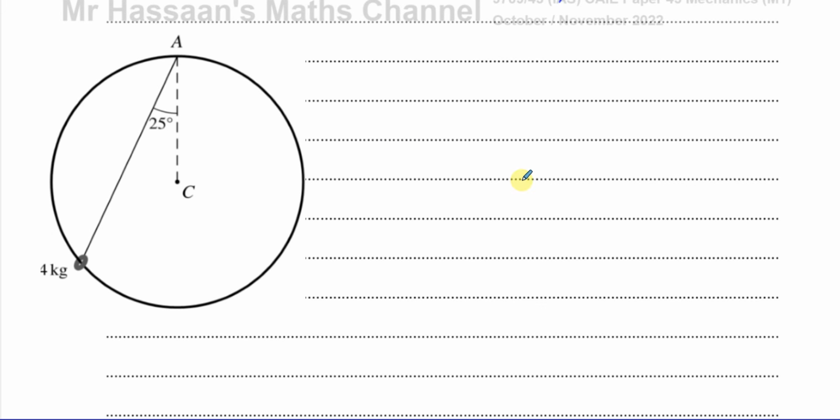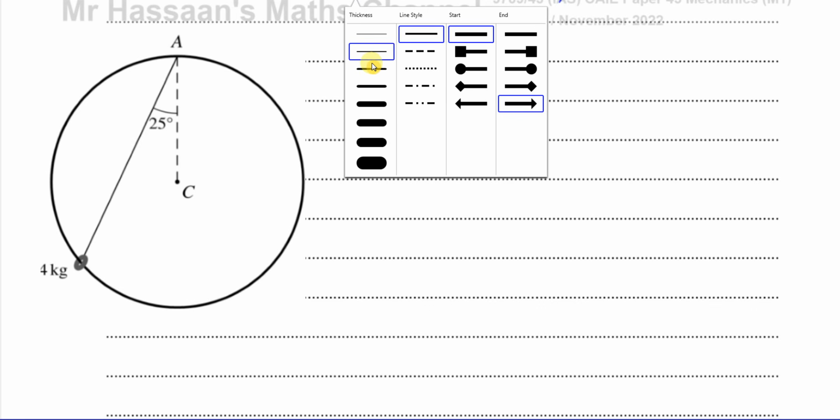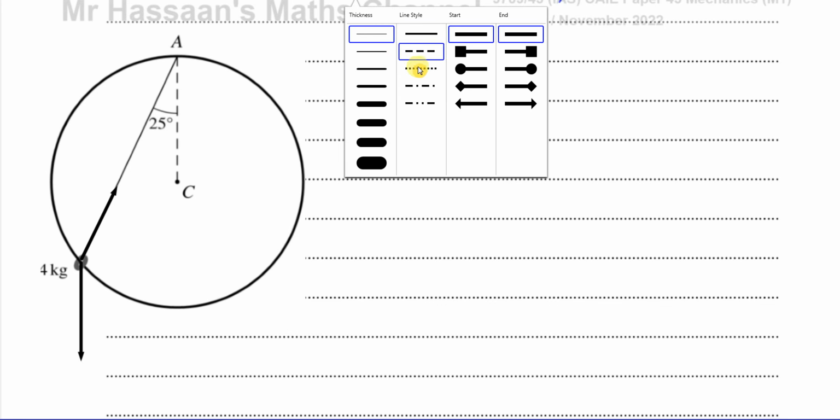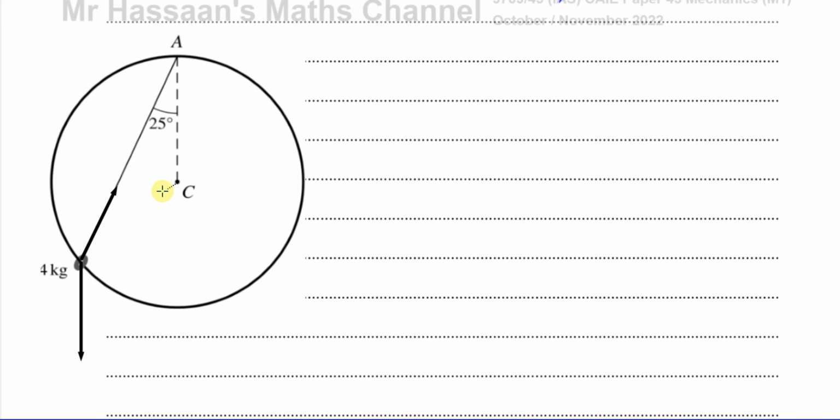So again, what we're going to do is draw the forces acting on this. It's a bit of a repetition here, but hopefully it will help you. So there we have the weight, we have the tension, and again the reaction force, which is going to be acting perpendicular to the tangent.